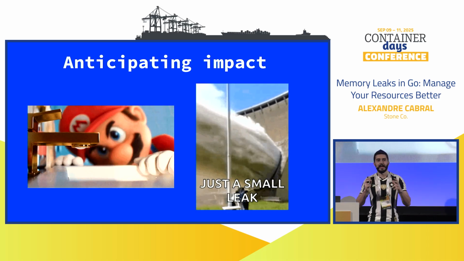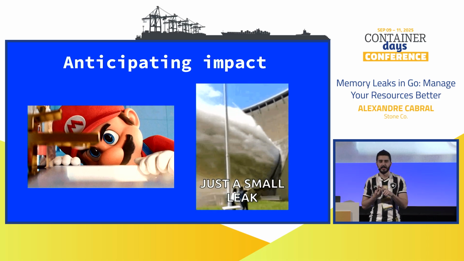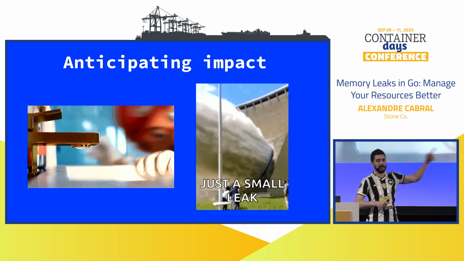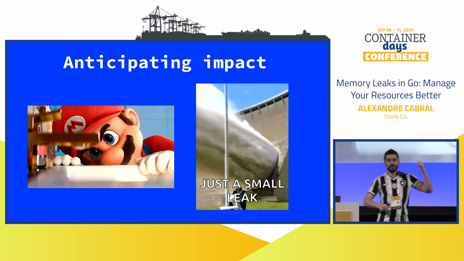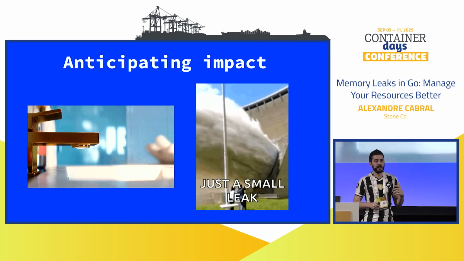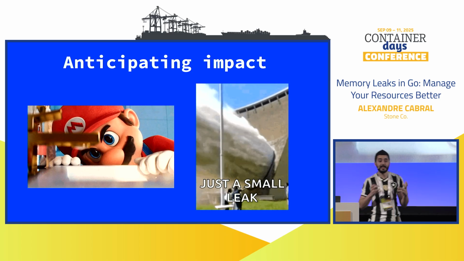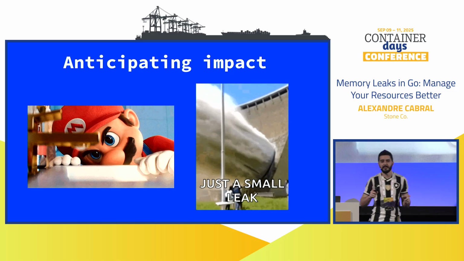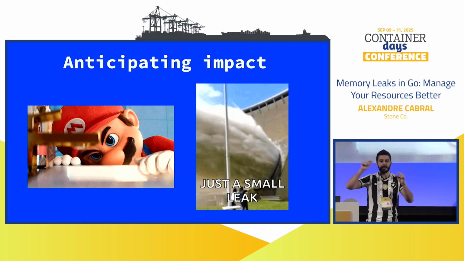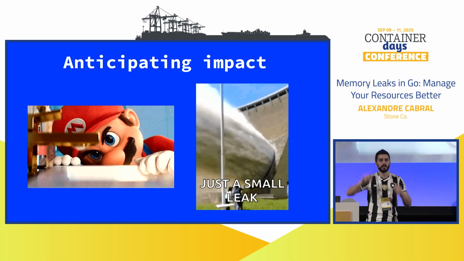And this is because there are two different types of memory leaks that can happen. You have the big ones, like this one on the left, my left, your right. And we have the small ones. The small ones are the worst because it's too hard to identify them. When you look into the graphs, you see just a little difference, like little ascending curves.